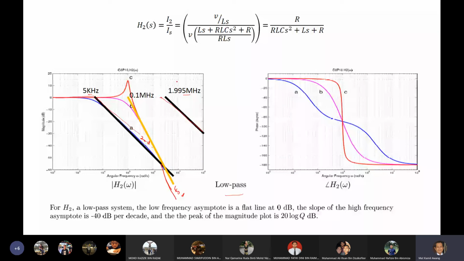The second one, both are at 0.1 megahertz. So basically it starts from 0, flat until it hits 0.1 megahertz. Then since you have 2 poles, it goes down 40 dB per decade. For the third one, both poles are at 0.0977, so it's almost 0.1.